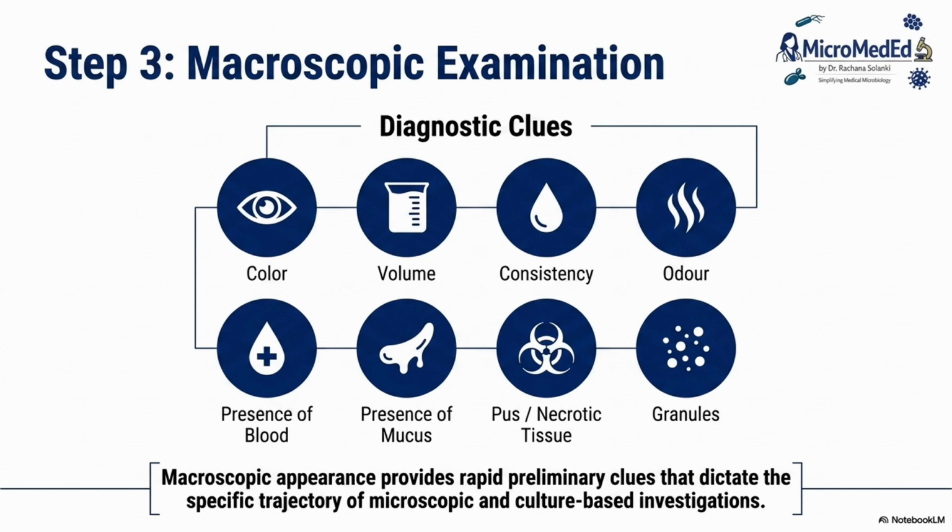Now the majority of this will apply to fungal or bacterial infection. Like in case of sputum, presence of blood is hemoptysis, that is more likely of tuberculosis. Necrotic tissue is suggestive of necrotizing fasciitis due to bacterial etiology, or it could be due to a fungal infection.